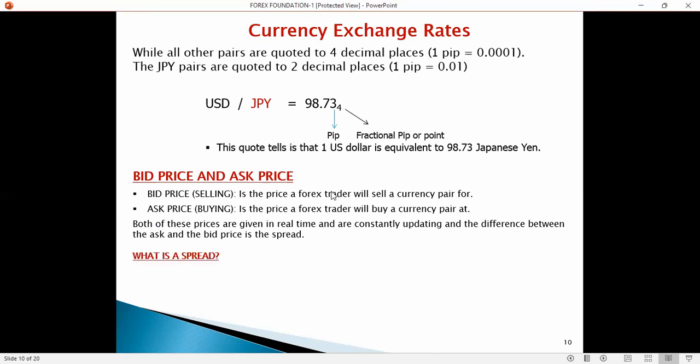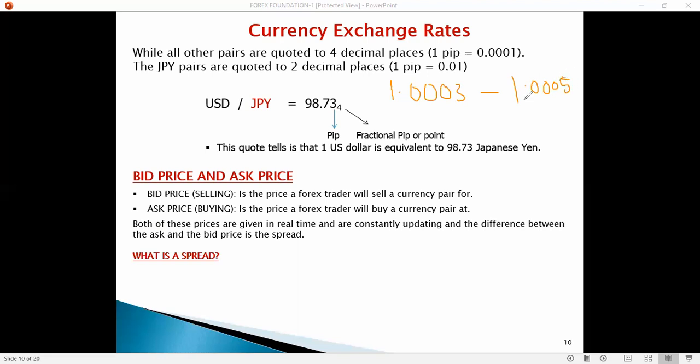Because we have a spread, let's make an illustration. Let's say your bid price is 1.0003 and your ask price is 1.0005.